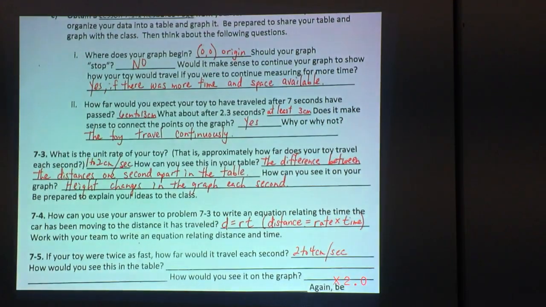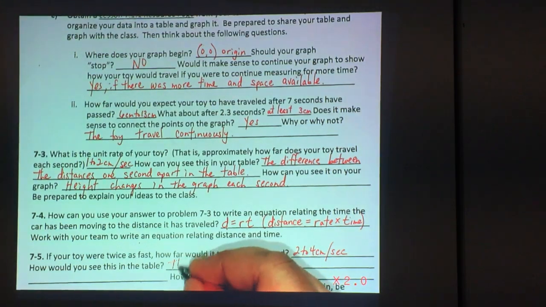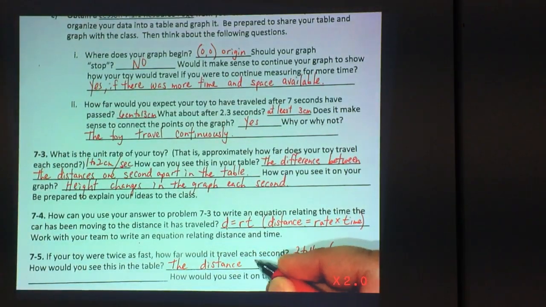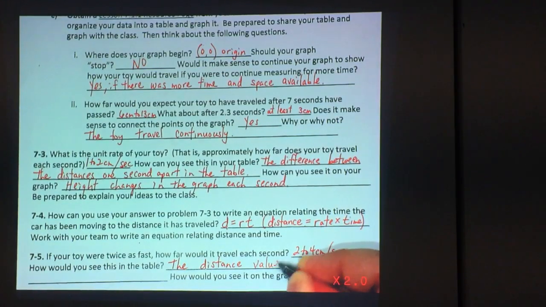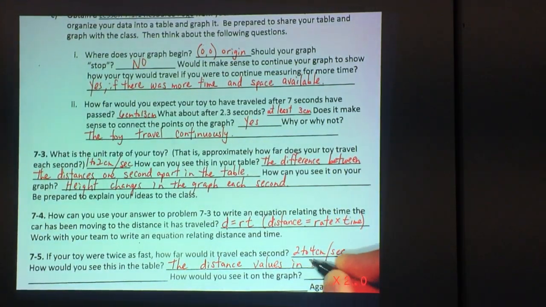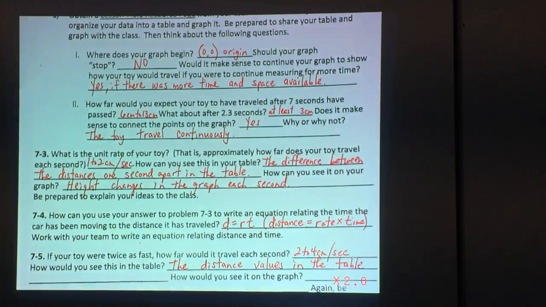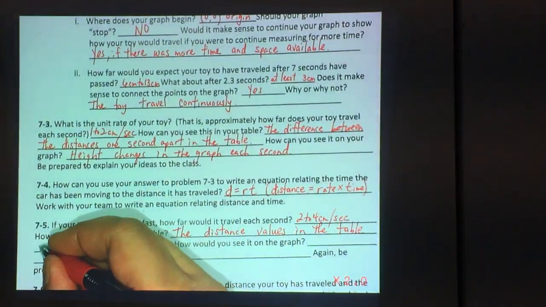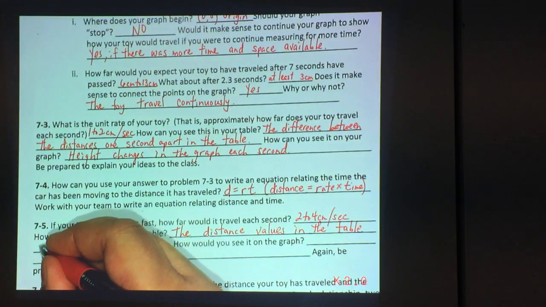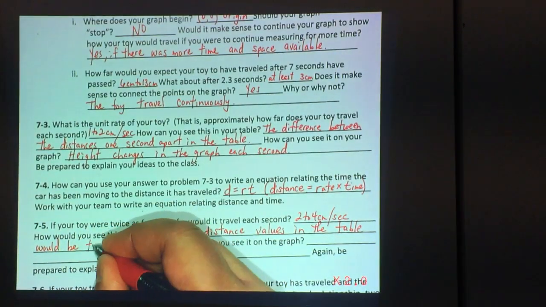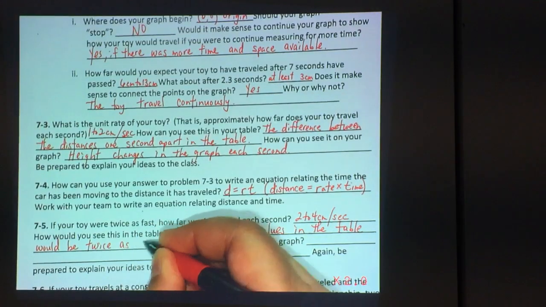All right, let's keep going. How would you see this in the table? The distance values in the table would be twice as large.